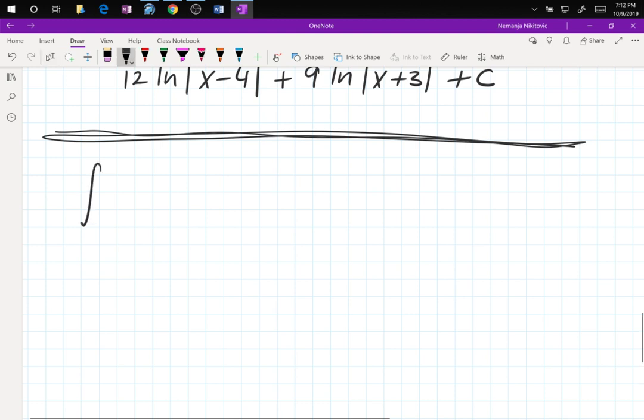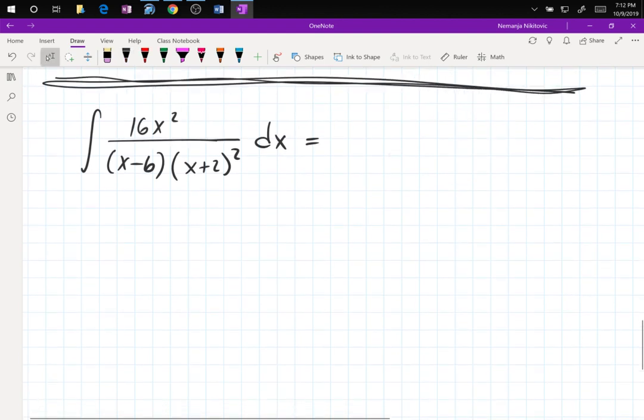Always check if the long division is necessary, then do the rest. So we have 16x squared divided by x minus 6, x plus 2 squared. They're so nice, they factor it for us. See? They're amazing.